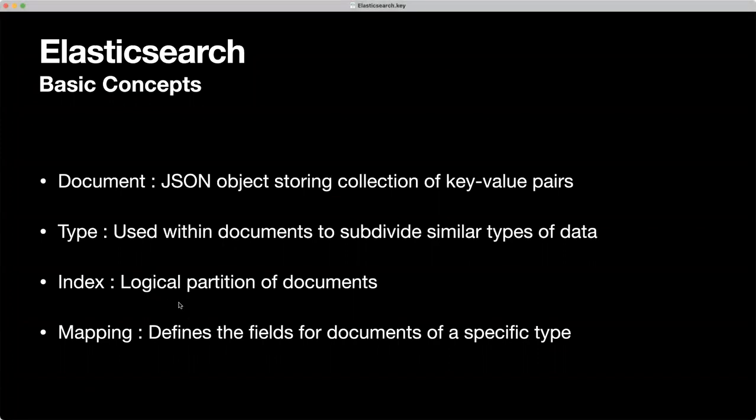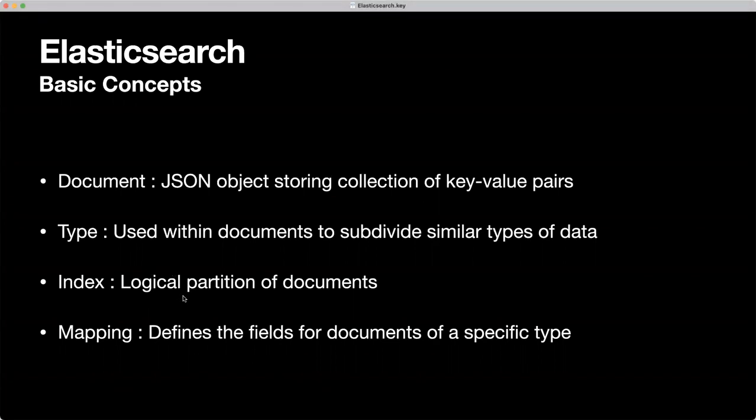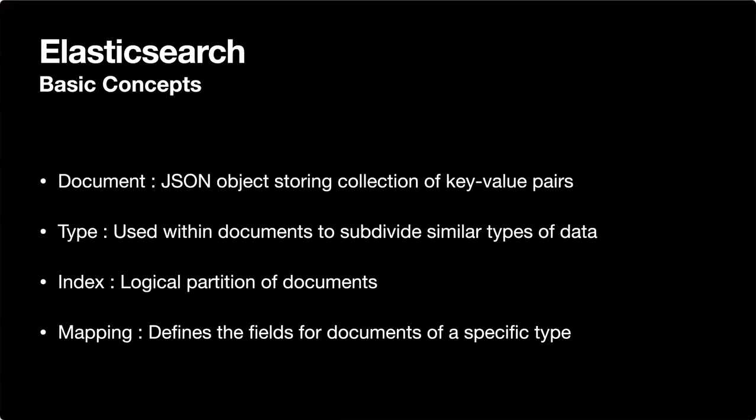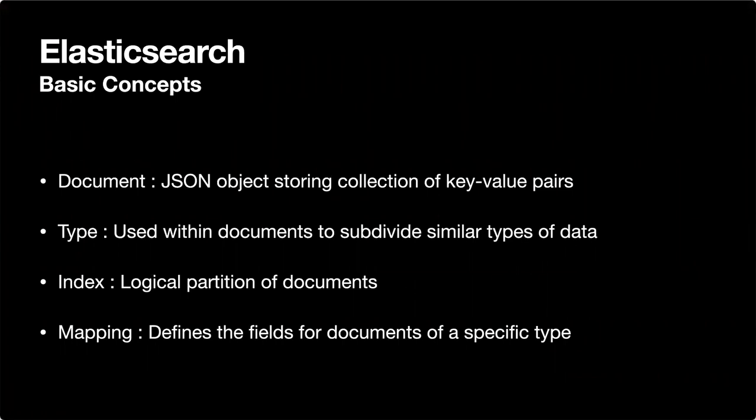Let's say I have users and product documents in the same index, but when I'm querying, I want to search only in the user documents. So I need some way to limit the subset, right? I want my query to go only to the documents which are of type user, not to the product documents. So I use a field named _type in each of the documents. User documents would have the value user for the _type field, and product documents would have the value product.